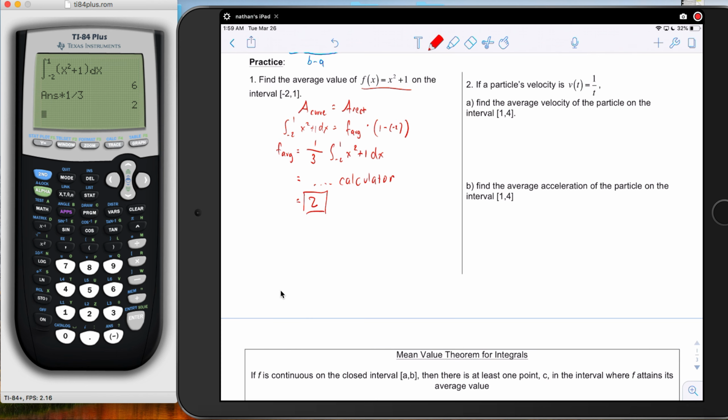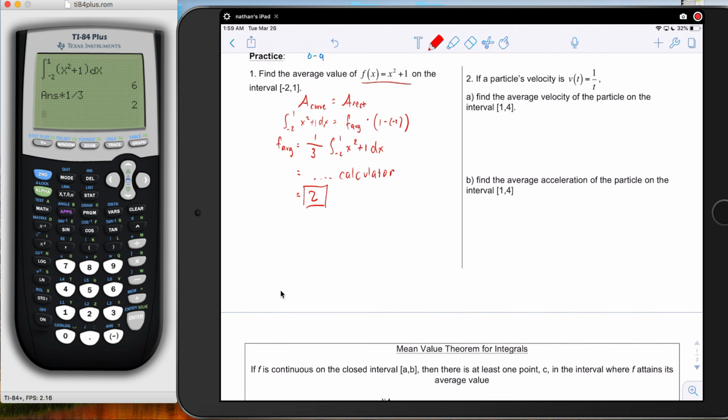Okay, all right, so let's do practice number 2. If a particle's velocity is v of t equals 1 over t, find a, the average velocity, and b, the average acceleration. This can get a bit confusing, but because we're given the velocity function v, the average velocity is the average value.